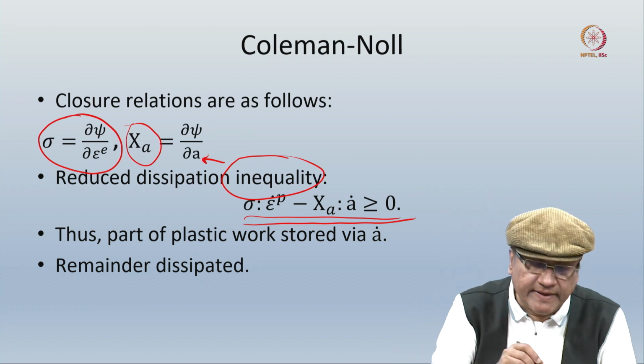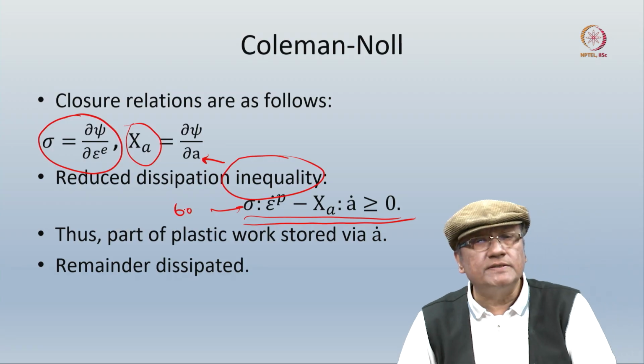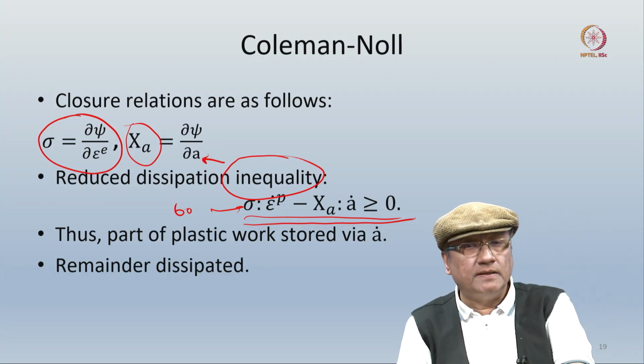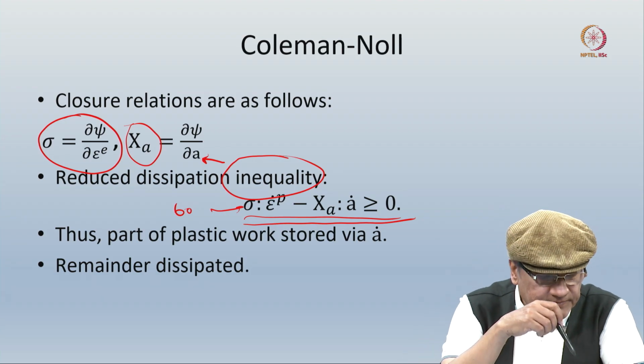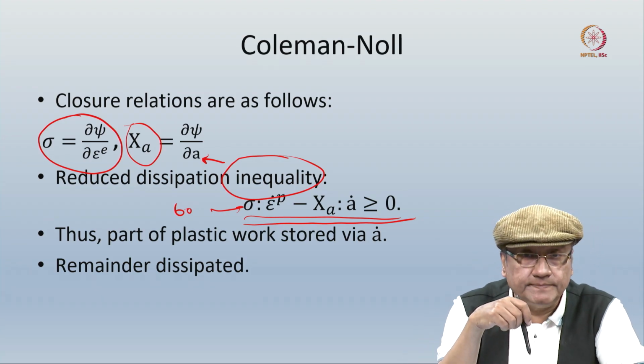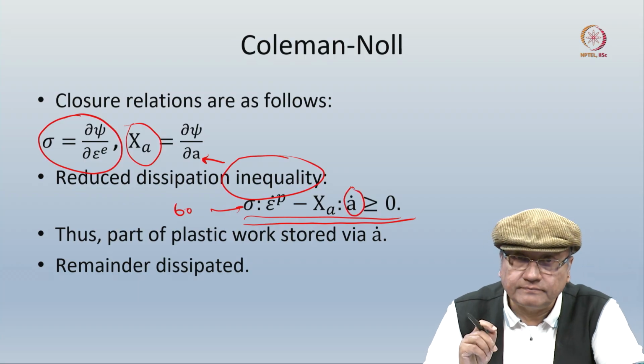This sigma here again is basically sigma 0, because the other part of sigma, the pressure part, does not do any work. This part of the plastic work is stored via the A dot term here, okay.